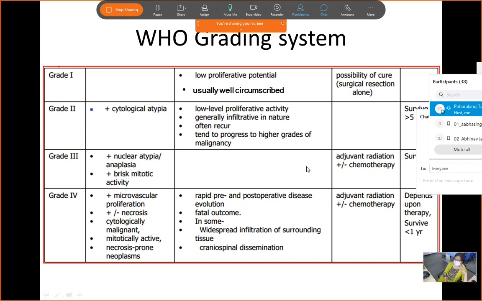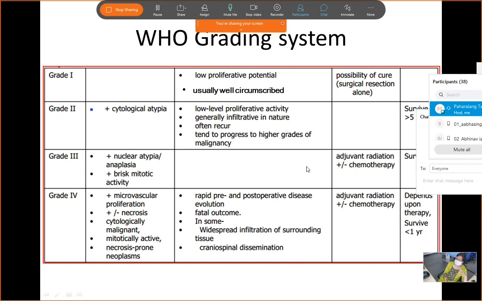Even though these different tumors come under the umbrella term of gliomas, each one has different prognostic gradings, so the clinical progression also differs.